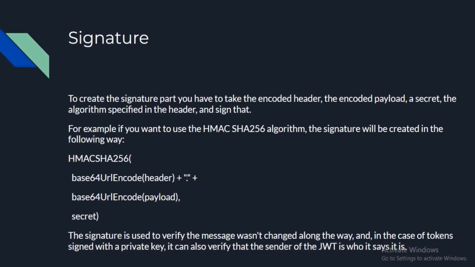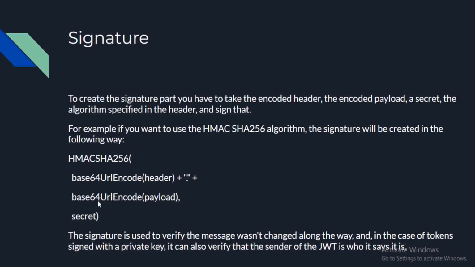To create the signature part, you have to take the encoded header, the encoded payload, a secret, and the algorithm specified in the header, and sign that. For example, if you want to use the HMAC SHA256 algorithm, the signature will be created as below.